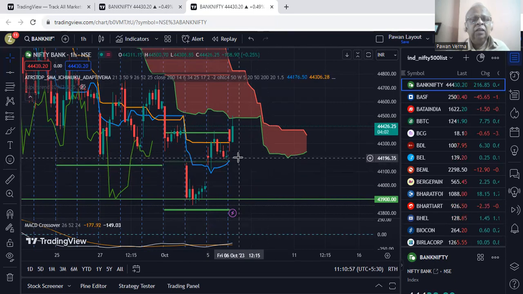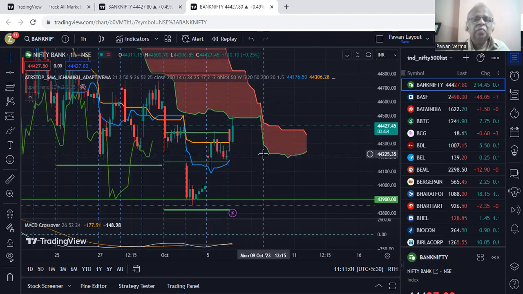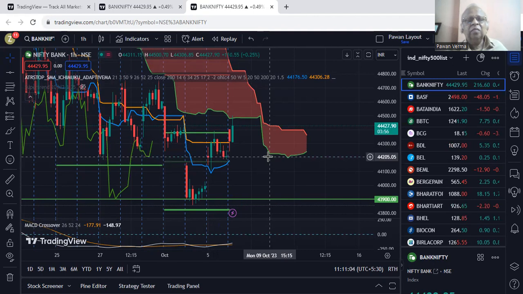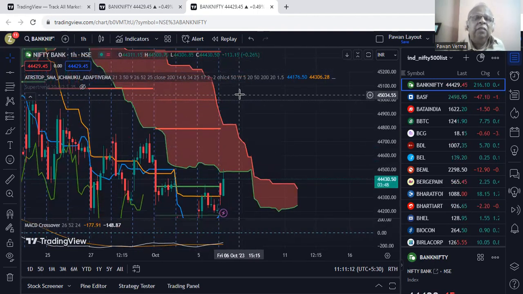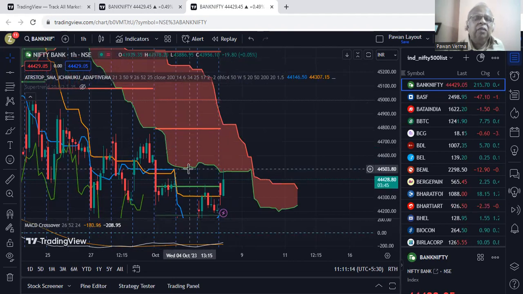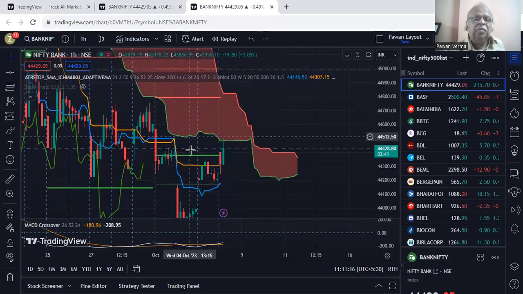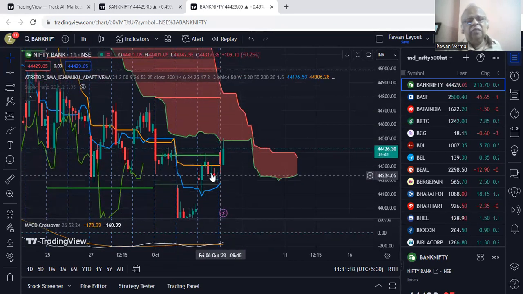Secondly, the Tenkan-Kijun crossover is not there in this session unless and until the Bank Nifty trades above the cloud. So at this stage, we can expect that there is no crossover.